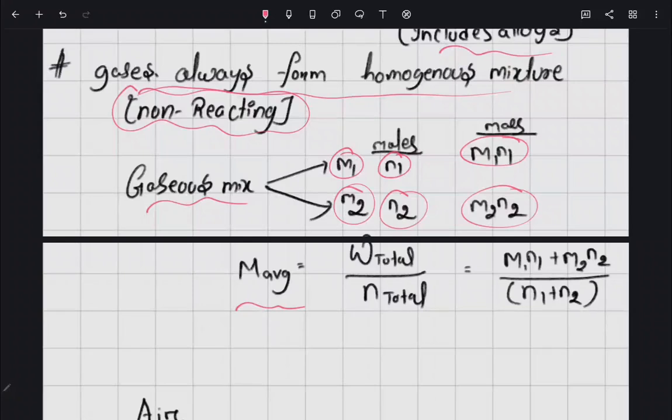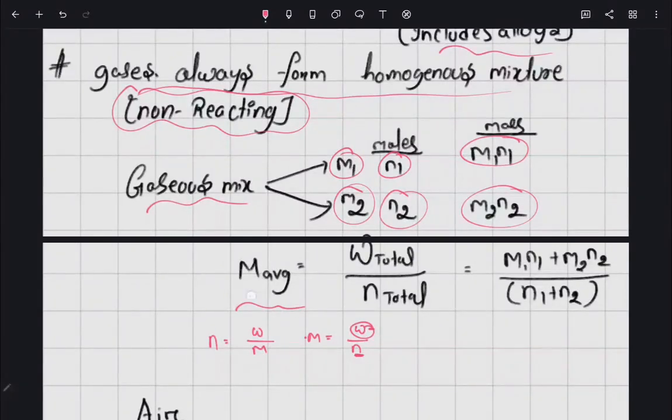Children, as I have told you, number of moles N is equal to given mass by molecular mass, which we know. If you want the average molecular mass, what will you do? W by N. Here, instead of number of moles of one molecule, you are taking number of moles of the mixture, and instead of given mass, you are taking total given mass. That's it.